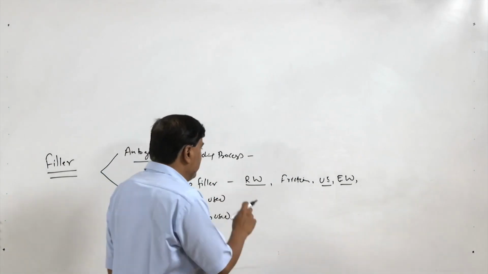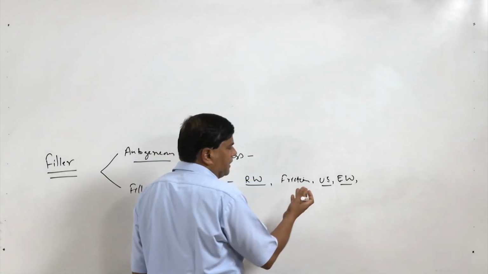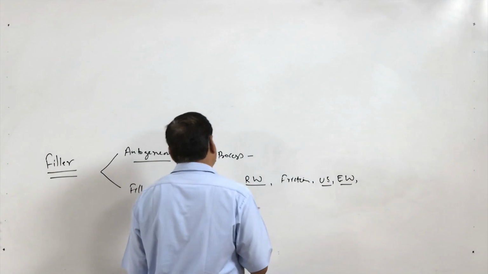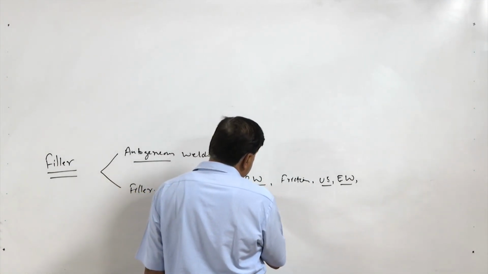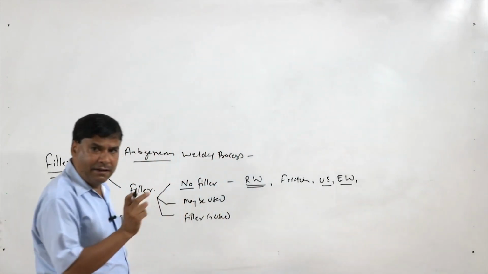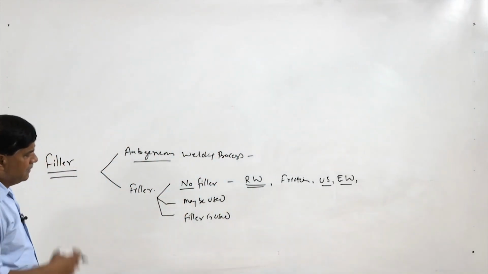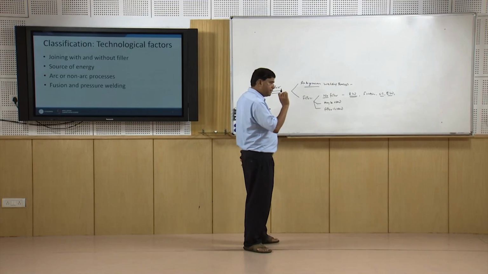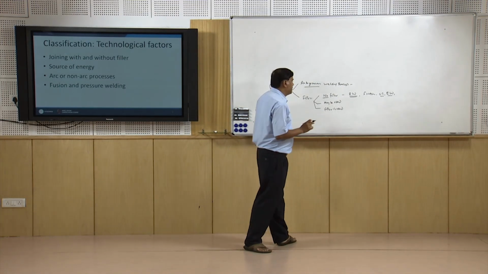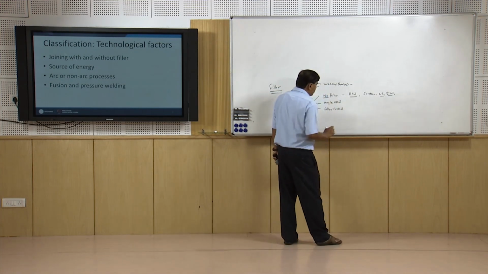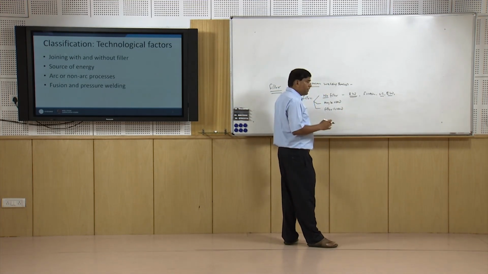Some of these processes are carried out in the solid state, or in processes like resistance welding, the heating causes either partial melting or just softening of the metal. So there are certain processes where filler may be used or may not be used.